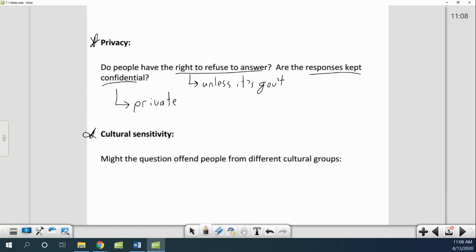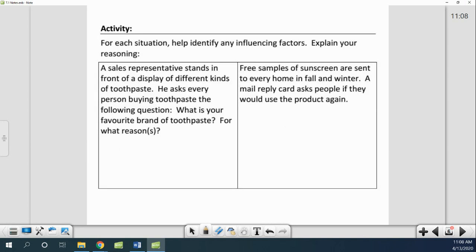So you're going to be asking people from all kinds of different cultural backgrounds, all kinds of ages, all kinds of races, all kinds of sexual orientations. So you want to make sure that all these different groups are considered and you're not going to be offensive to them. Because if you are offensive to some people, they might not answer. And if they don't answer, guess what? You've just biased your results. You've lost the input of a certain group of people. So that's something you're going to want to avoid.